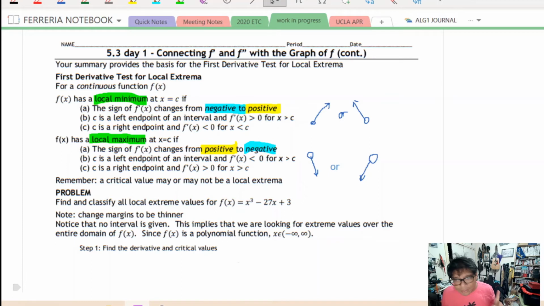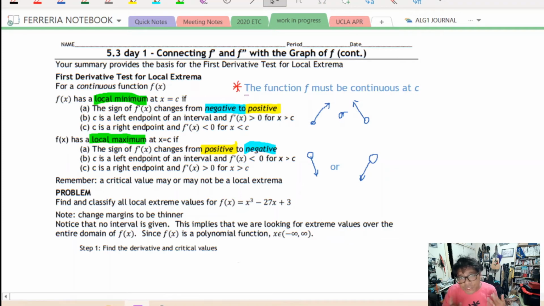There is a possibility that you're looking at a point of discontinuity. So the function f must still be continuous at c in order for us to have a local minimum or a local maximum.